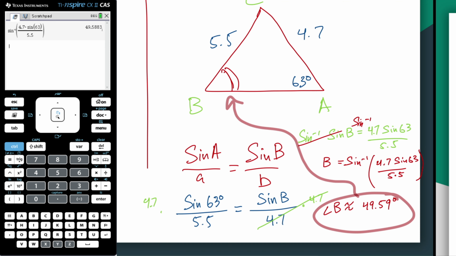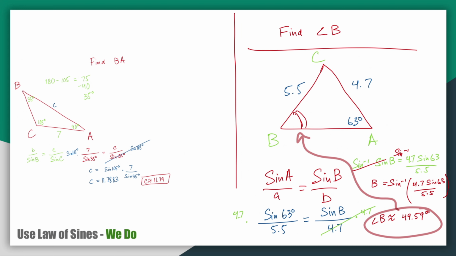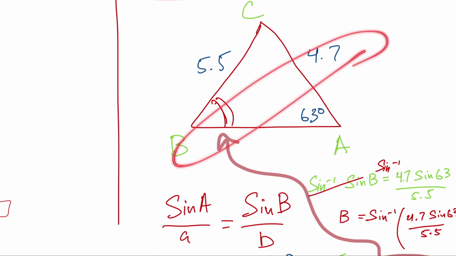Now when do you really use this law of sines? Two big situations here. One, we have a triangle that's not a right triangle. Two, we have to have the right amount of information: we have to see one side where I know its angle and its side, and one side where it's missing.